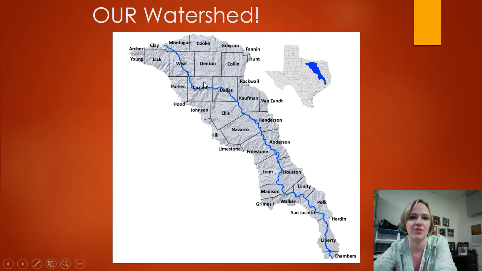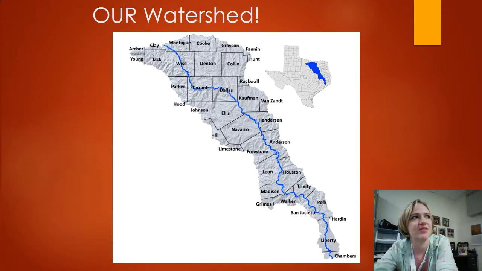This is our watershed. We live right here, just south of the Trinity River, right there on the border between Tarrant and Dallas County. And this is the Trinity River watershed. It starts up here in Clay County, and it goes all the way down to the Gulf of Mexico. So at some points it smells kind of bad.